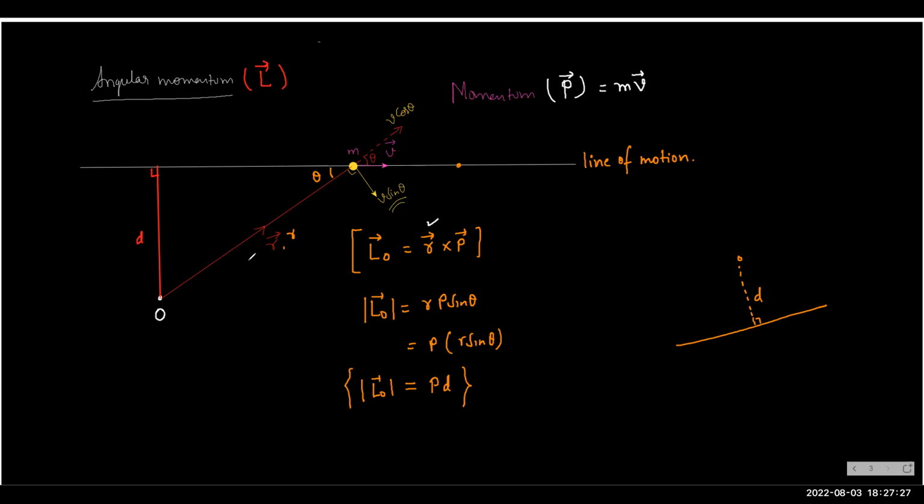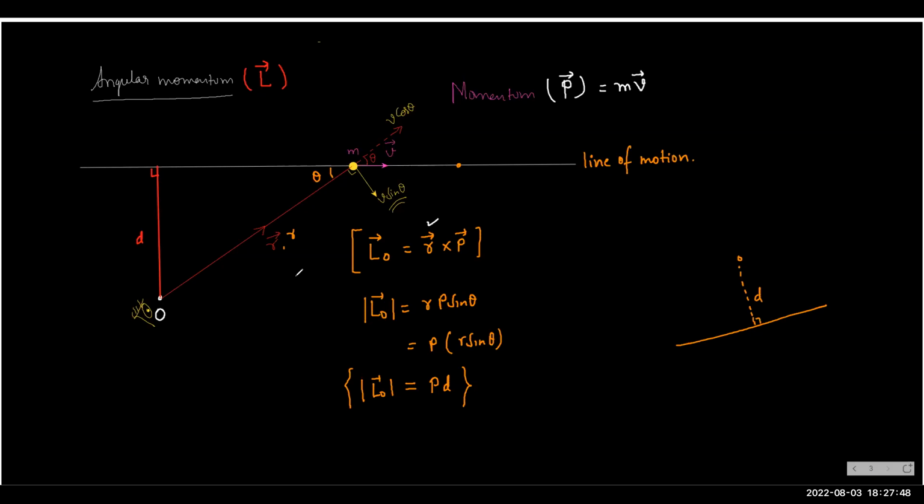Now you tell me, for this particular observer, if this is some sort of observer looking at the particle, which component of velocity will give the angular effect or turning effect? The sine or the cos?